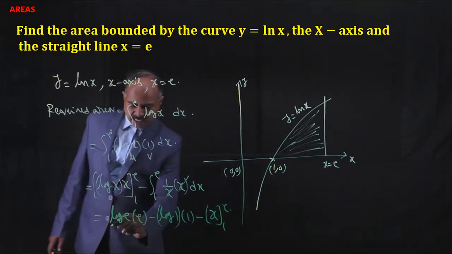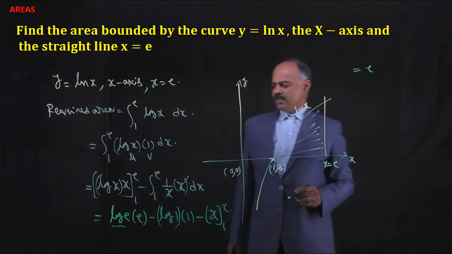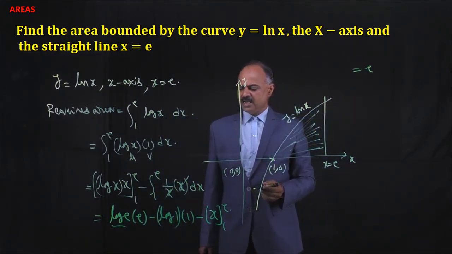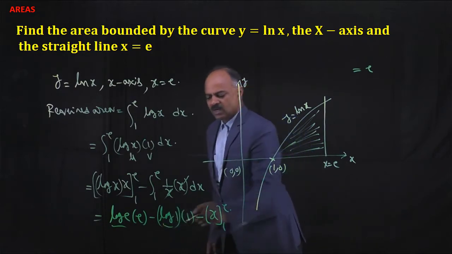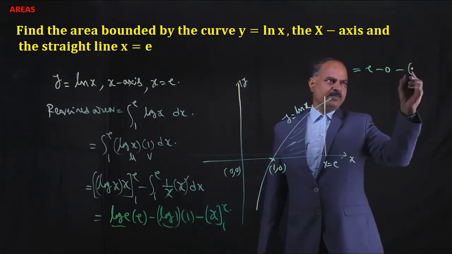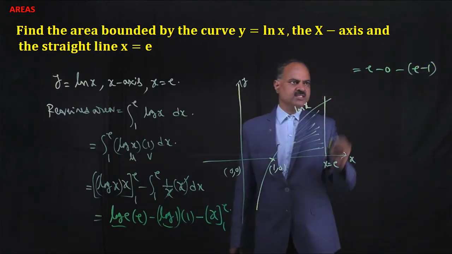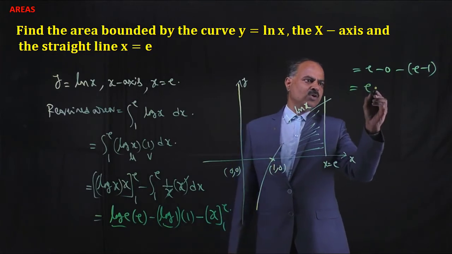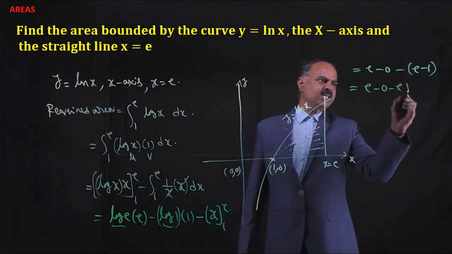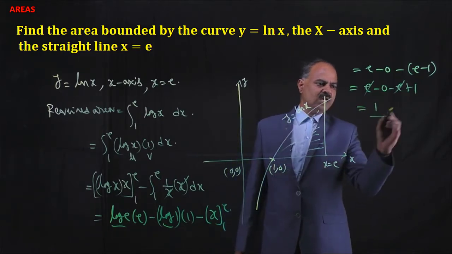Now log e is 1, so e into log e is e, and log 1 is 0, so minus 0, minus the upper limit minus the lower limit. That equals e minus 0 minus e plus 1. Minus e and plus e get cancelled. So that equals 1 square unit.